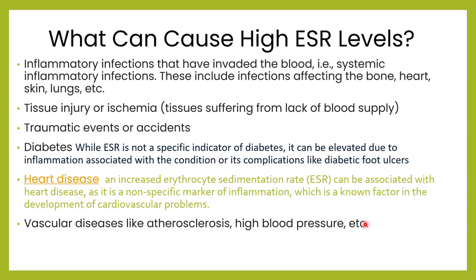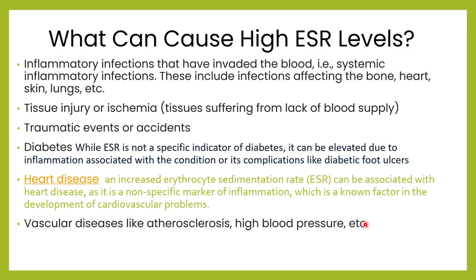Doctor thinks whether this could be something related to multiple myeloma. They order the immunoglobulins, electrophoresis, the blood picture, bone marrow, and we diagnose multiple myeloma. So these cancers, multiple myeloma, are another category of diseases which can increase your ESR.